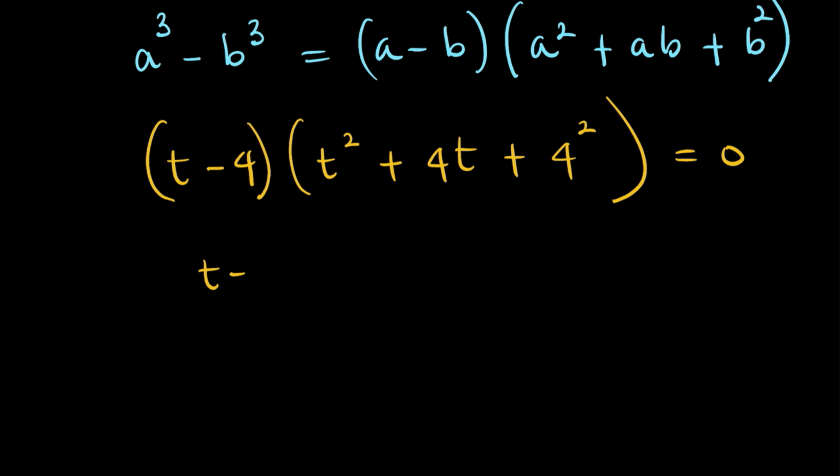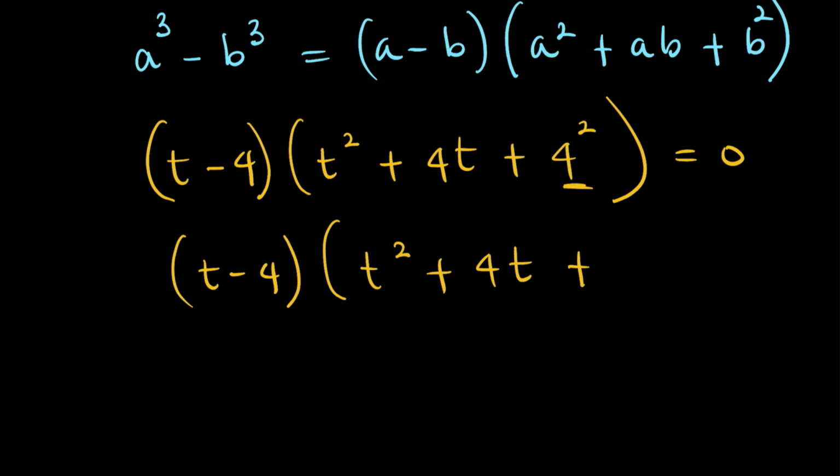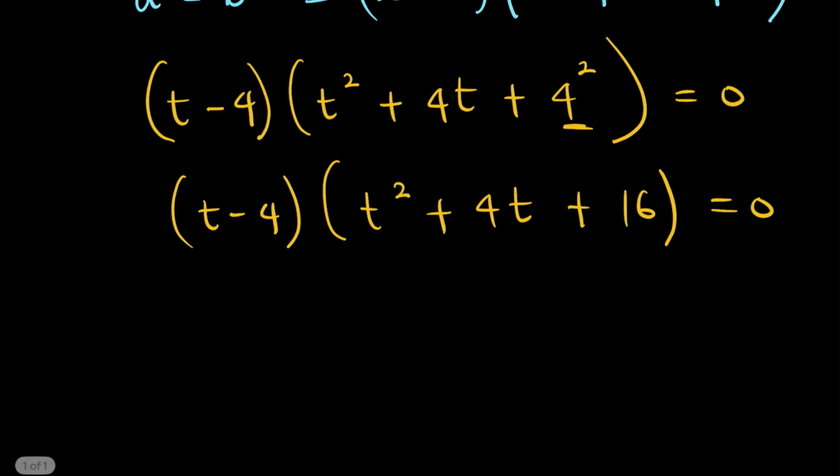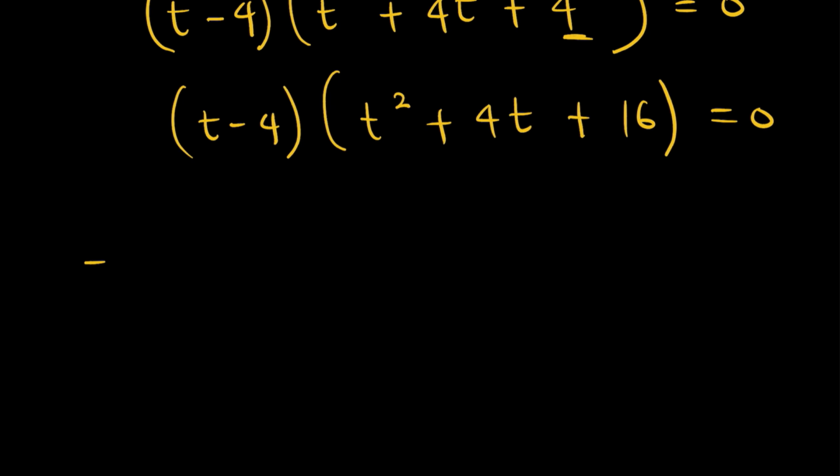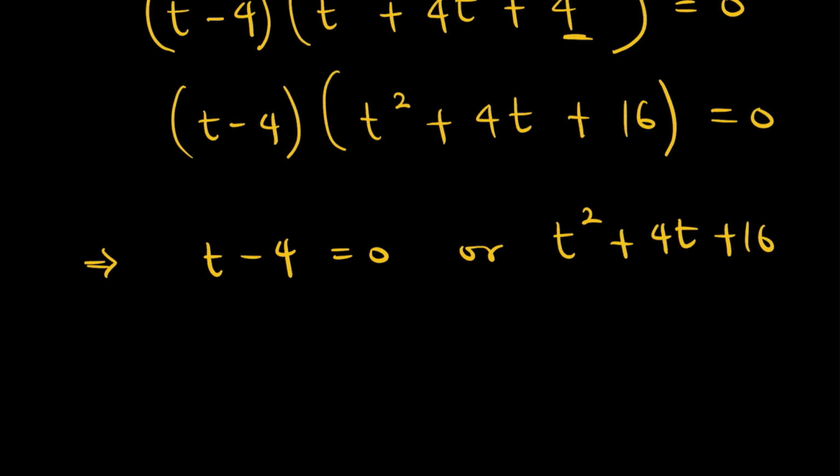We'll have t minus 4 times t squared plus 4t plus 4 squared, which here will give us 16, then equals to 0. This would then imply that either t minus 4 is equal to 0 or t squared plus 4 times t plus 16 is equal to 0.